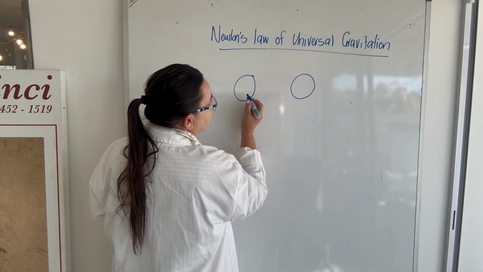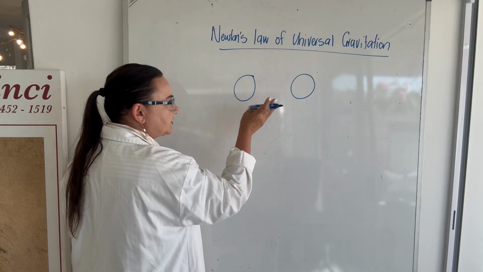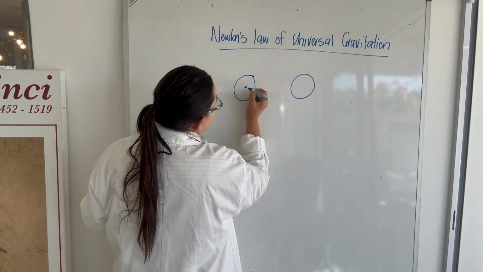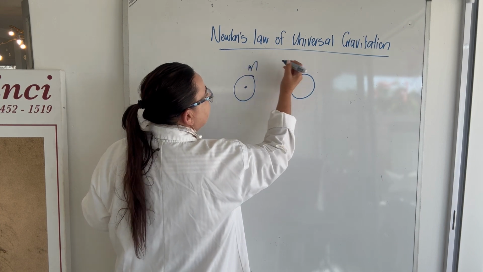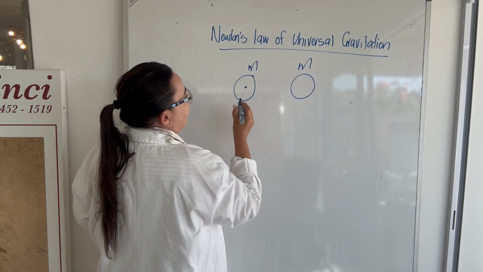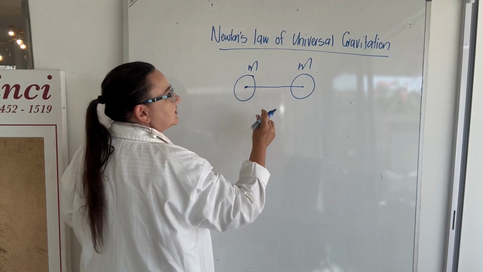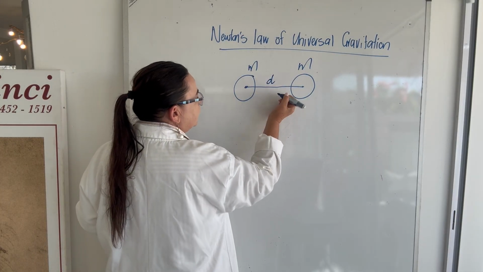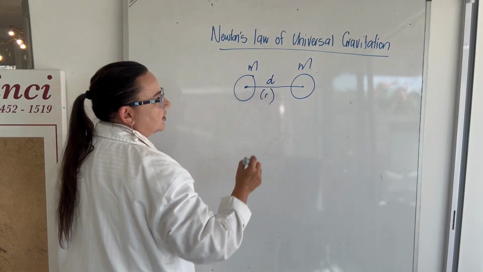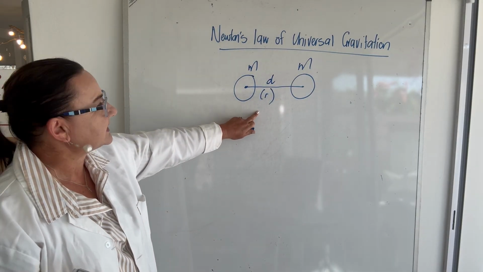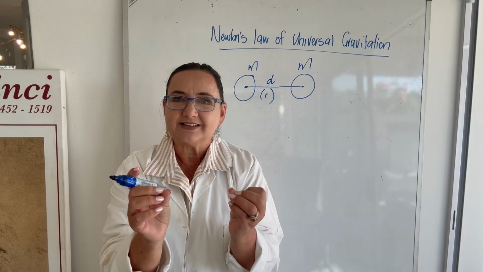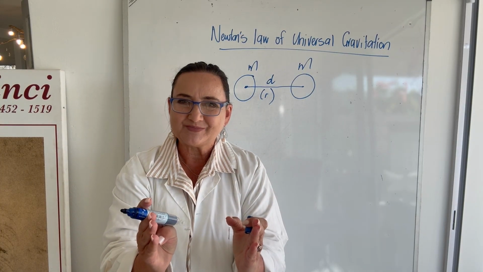And that force is directly proportional to the product of their mass and inversely proportional to the distance d, or we can also use r for radius, between the centers of those two bodies.